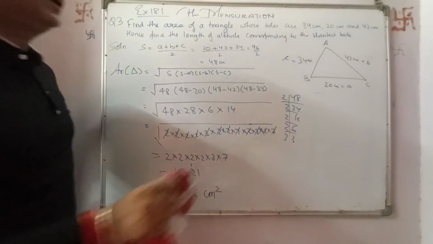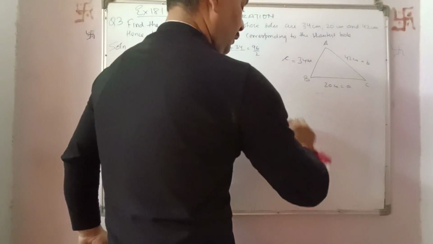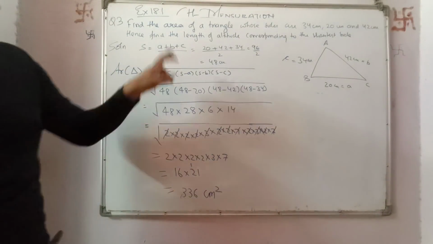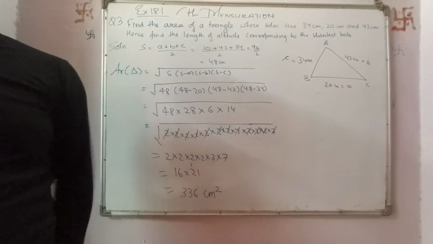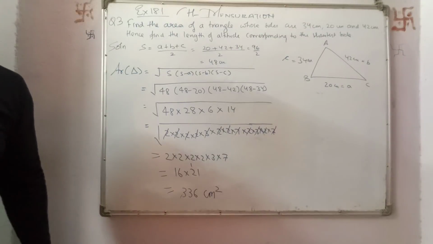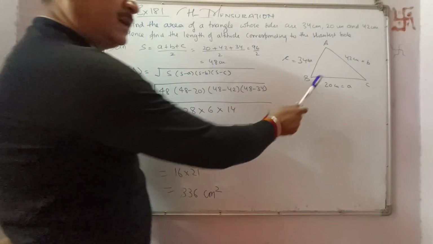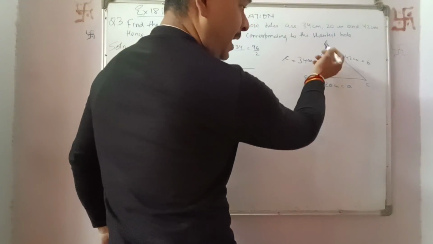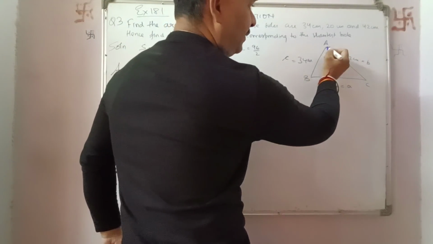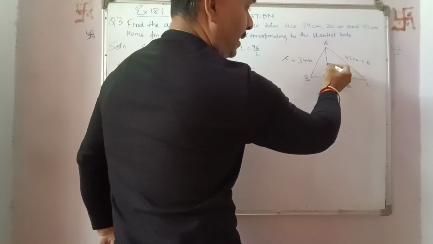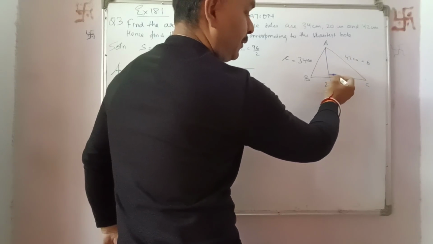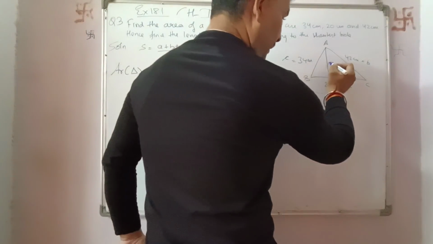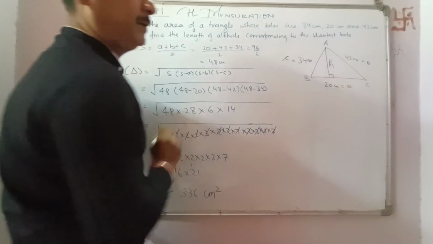Now the question further says that you also need to find the length of the altitude corresponding to the shortest side. The shortest side is this one, 20. So for the corresponding altitude to this side, we need to draw a perpendicular from A to the side BC. So basically we need to find this height h.